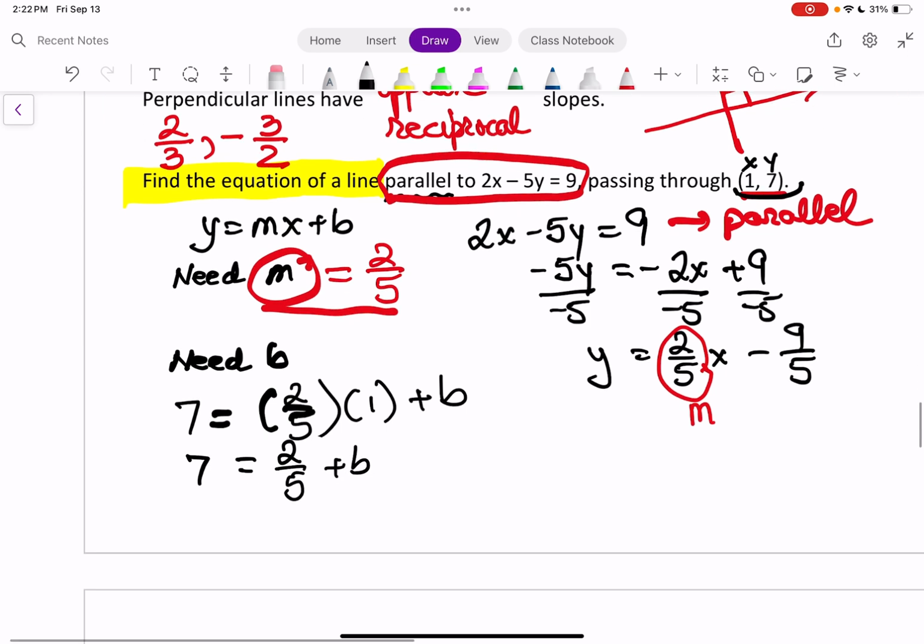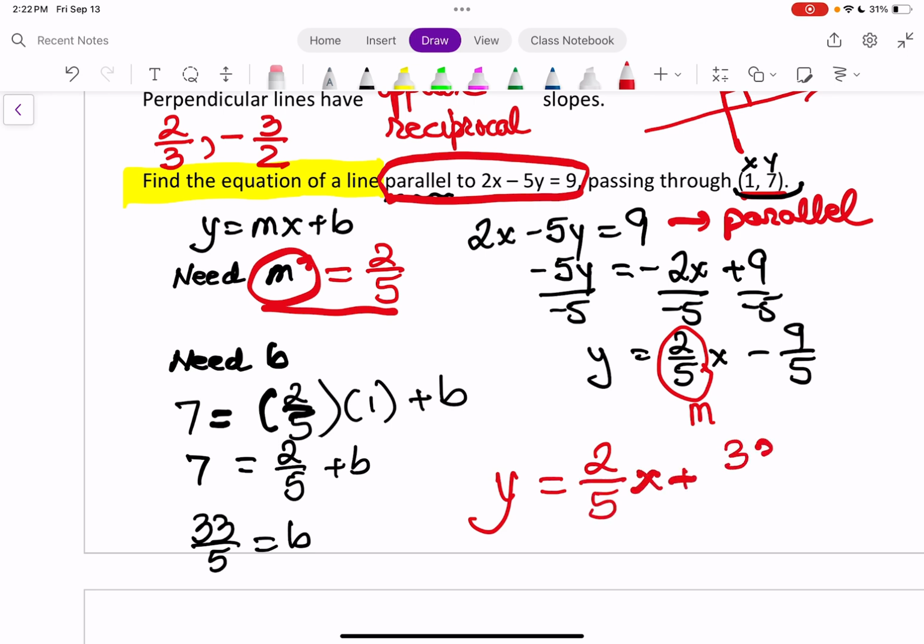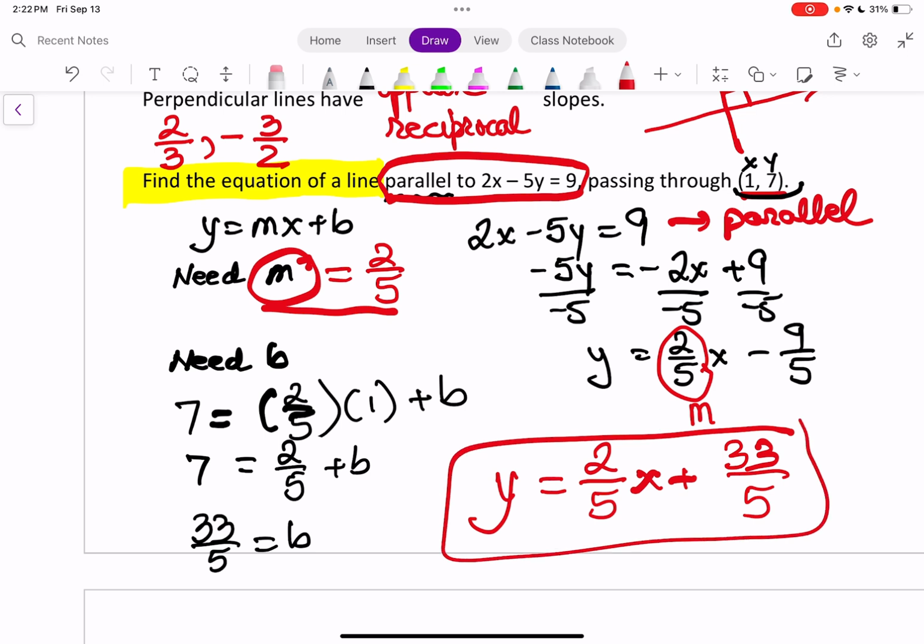If you take 2/5 and subtract it from 7, you're going to get 33/5, or 6 3/5. So therefore, the equation of the line I'm looking for is y equals mx plus b, where m is 2/5 and b is 33/5. Okay. So all we're doing is the same things, just adding on a little extra layer.